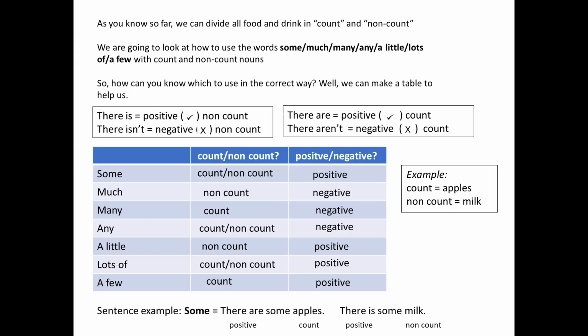Non-count. So for some, we can make 2 sentences, 1 count and 1 non-count. For much, we can only make 1 sentence, non-count. For many, we can only make 1 sentence, count. For any, we can make 2 sentences, etc., etc.